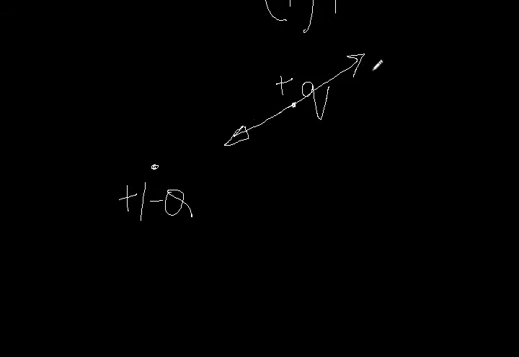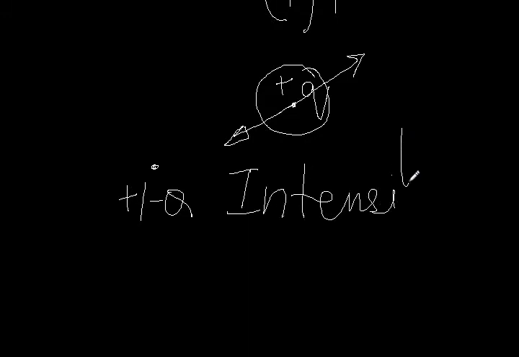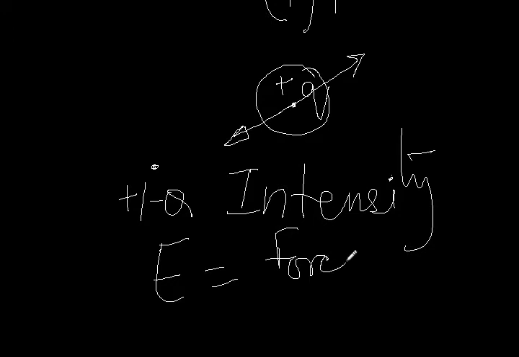Now this force with which the test charge is either attracted or repelled is what we call the intensity of the field. So, dear students, the intensity is actually the measure of the field. In many problems, you will find the question: what is the magnitude of electric field? The electric field magnitude means nothing but the intensity, which we give with a capital E, which is force F by the magnitude of test charge, mind you, which is small q.